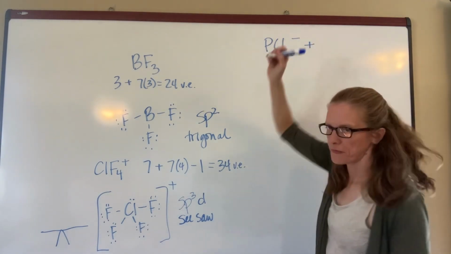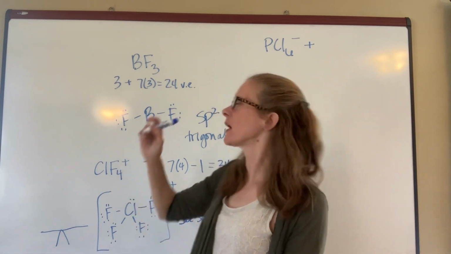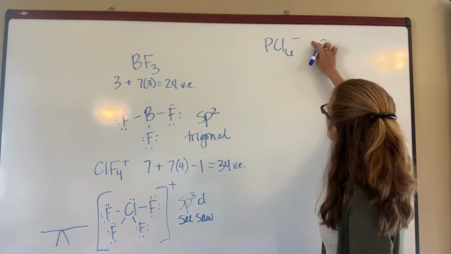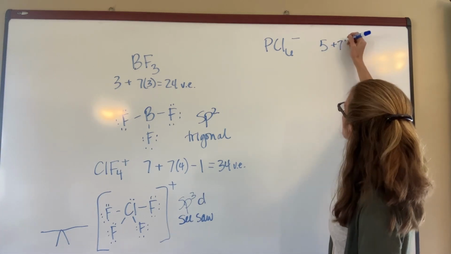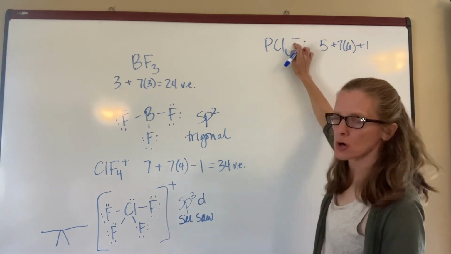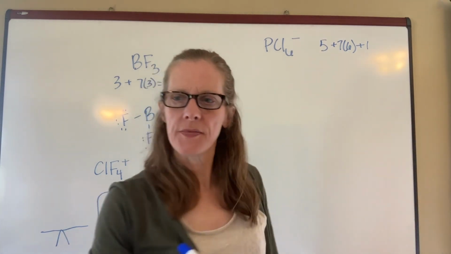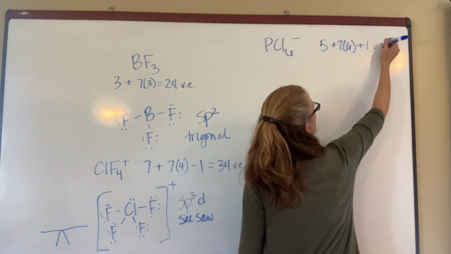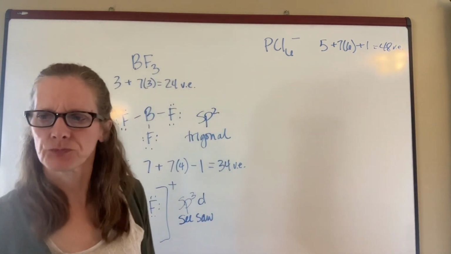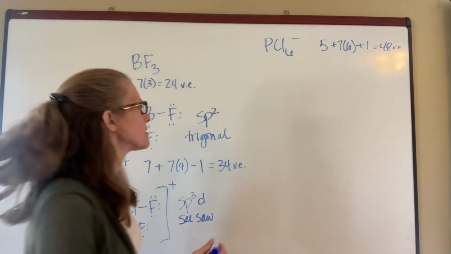So phosphorus has 5 valence electrons. Each chlorine has 7, and there are 6 of them. And I need to add 1 more electron for this charge, and that's going to give me a total of 48 valence electrons.